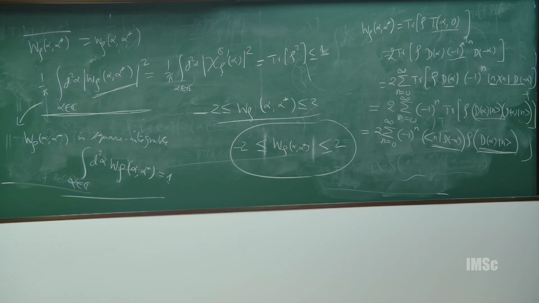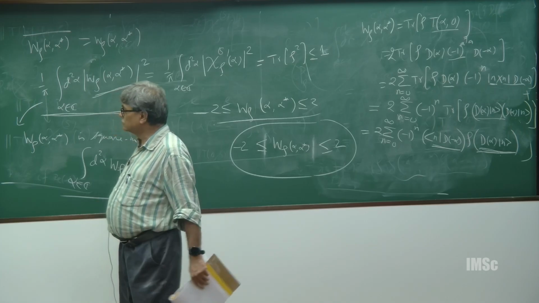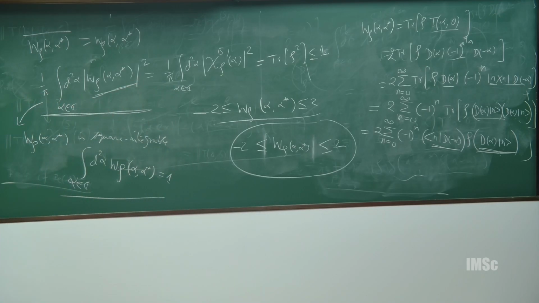Let me call it psi tilde. So, |psi tilde| squared is the Fourier transform of psi. Okay. So, Wigner function is somewhat like a classical joint probability distribution. So, you will get the marginal probability distributions, but this is not a proper probability distribution.